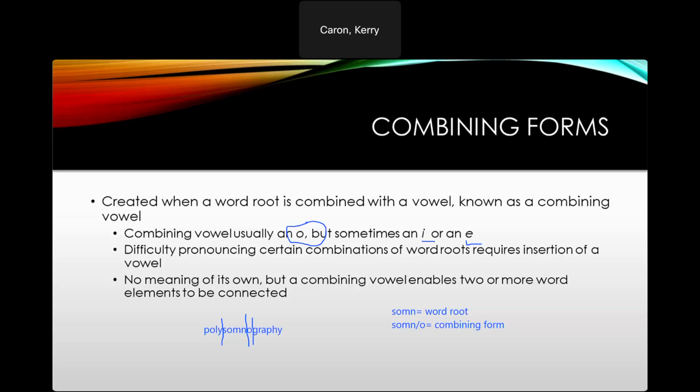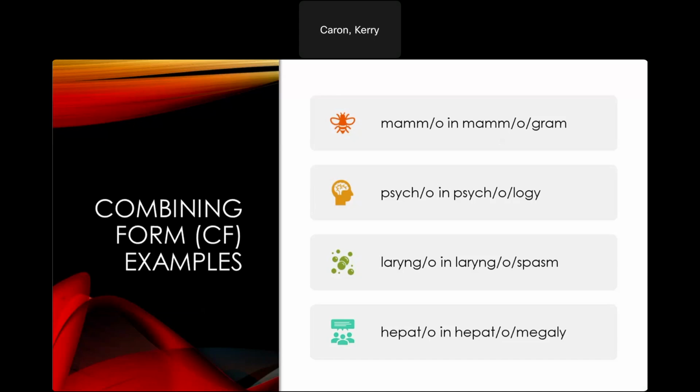So rather than saying polysomnography, it flows better if we say polysomnography. So that O, that combining vowel, just allows it to sound a little better and flow a little better. So the O is the combining vowel. And together, somno is a combining form.